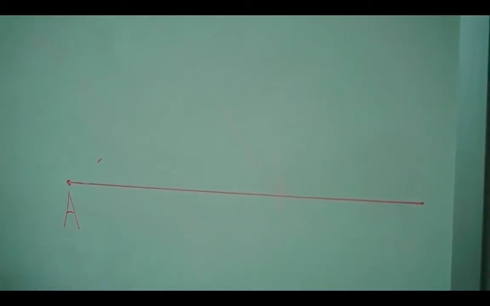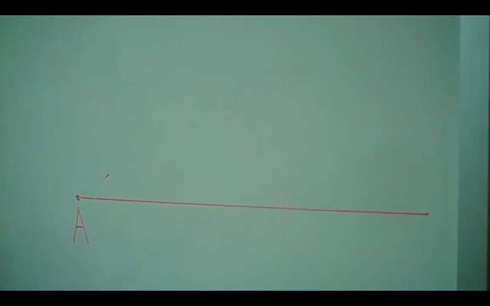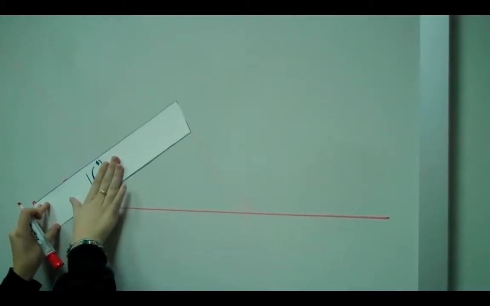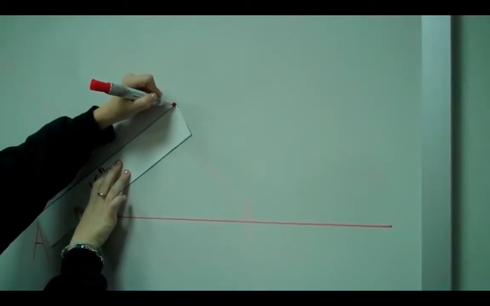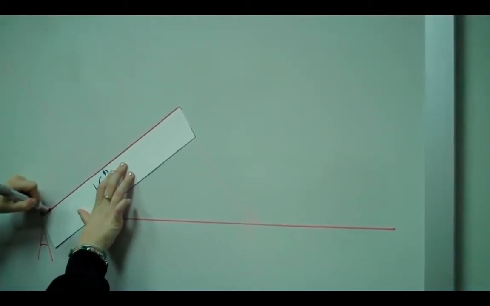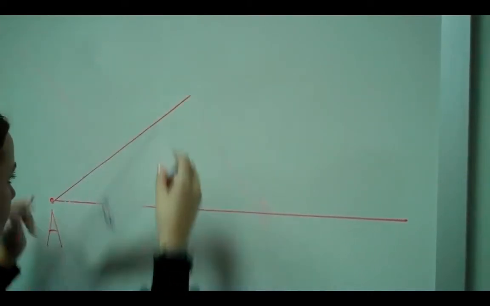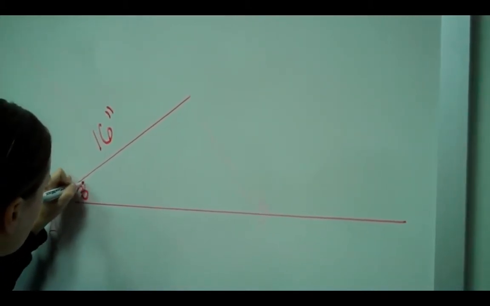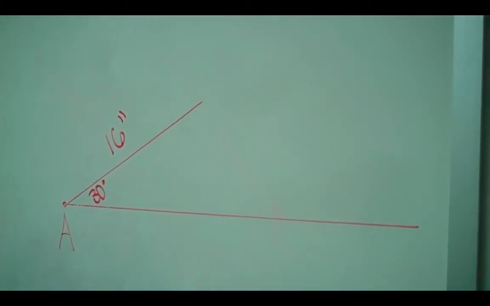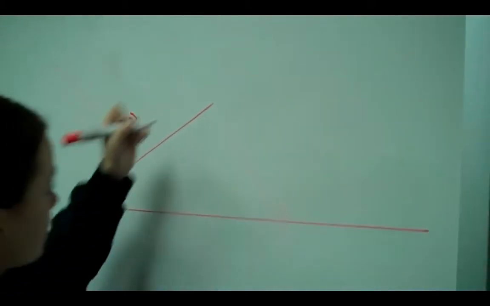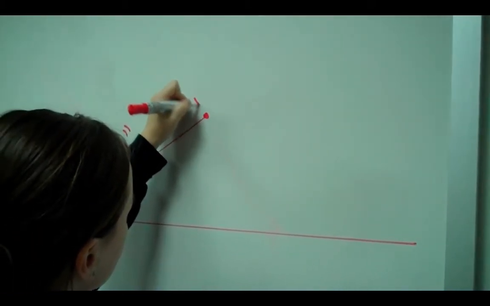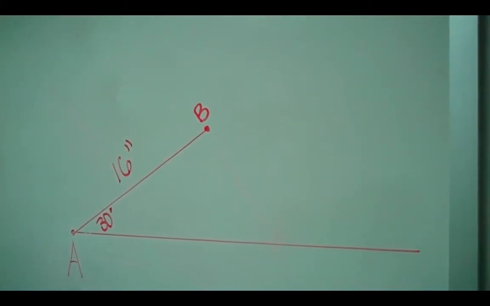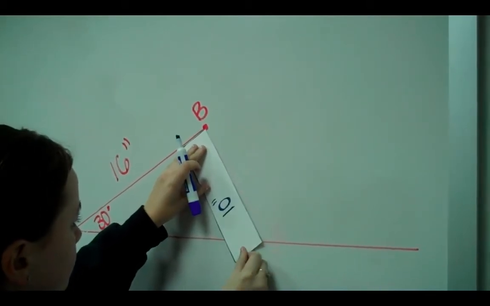Yeah. Thank you. Draw a 16-inch line from point A, passing through the 30-degree angle. Label the endpoint B. Using a 10-inch ruler, slide the ruler until it makes a triangle.